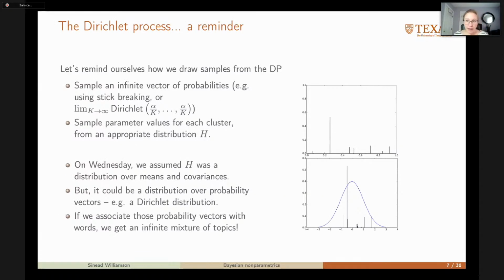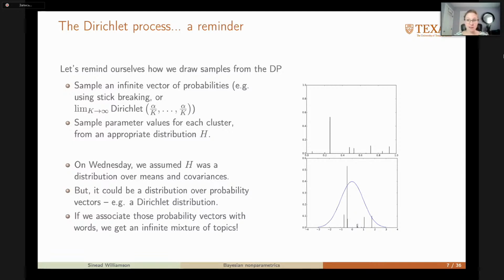Okay, so let's go back. It's been a couple of days. So let's think about how we sampled from the Dirichlet process and what that means and how we can use that in our current context. So we started off by sampling some infinite vector of probabilities. We had a number of ways of doing that.